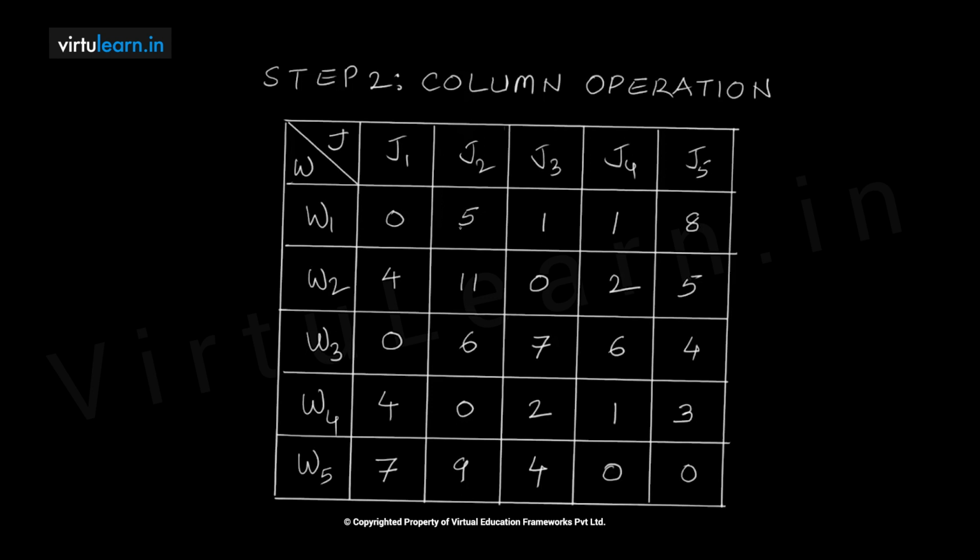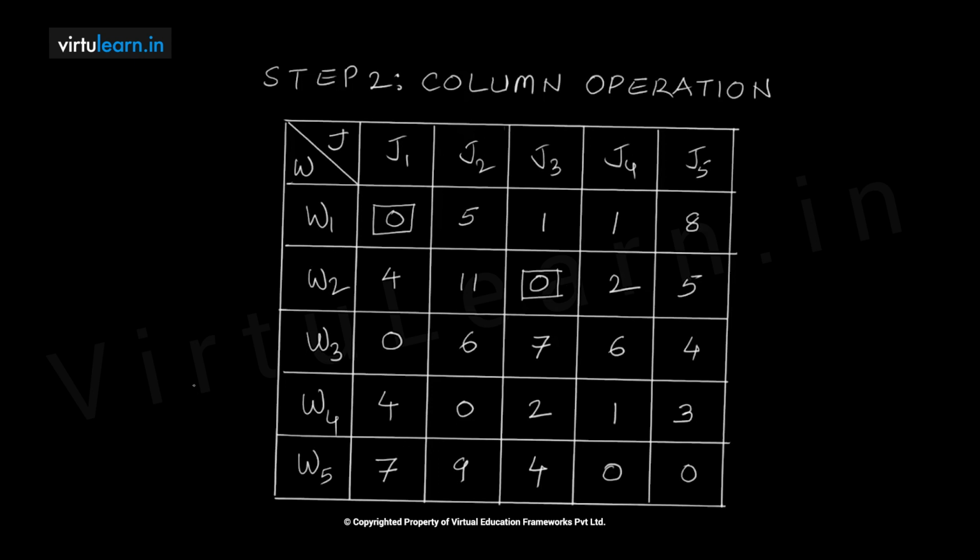So we only consider single zero rows. First row, we find a single zero. Here we mark it with a square box. Then we go for the next row, we find a single zero, and again we mark it here.